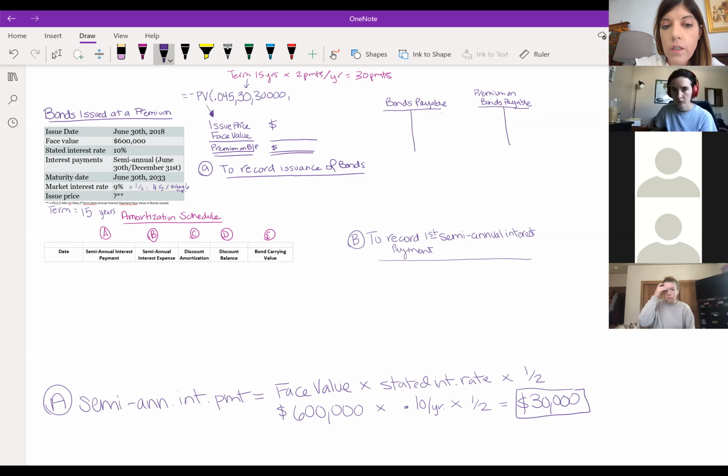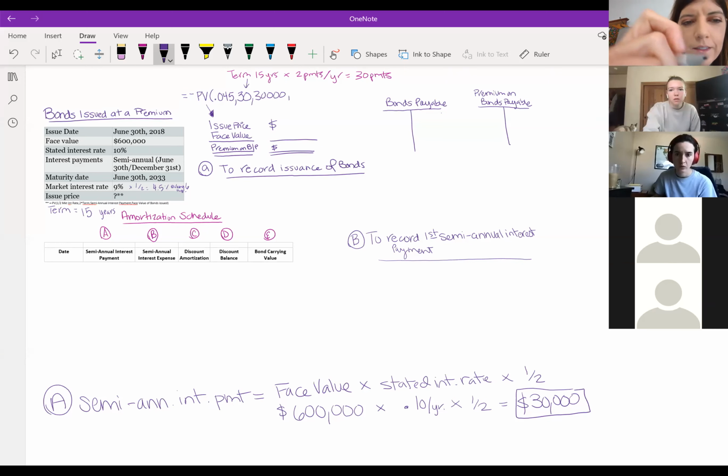We've included our stated interest rate. We've included the number of payments because that matters for calculating present value. We need to know how many we're going to be paying out, how often. Face value, right? Yes, face value is the last number. So 600,000 is included. So comma, 600,000 and parentheses.